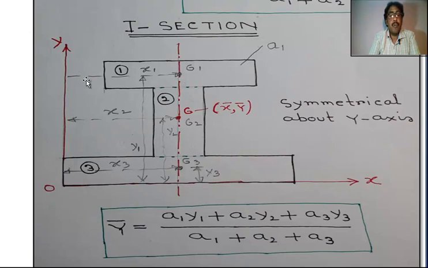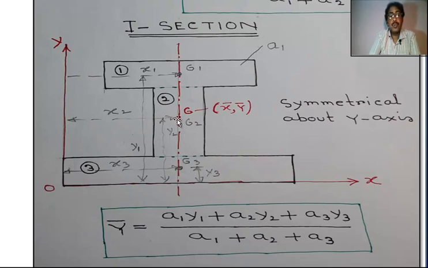Distance of G1 from the y-axis is x1, distance of G1 from the x-axis is y1. This is the distance y1. This is the web marked as number 2. Area is A2. G2 is the centroid.